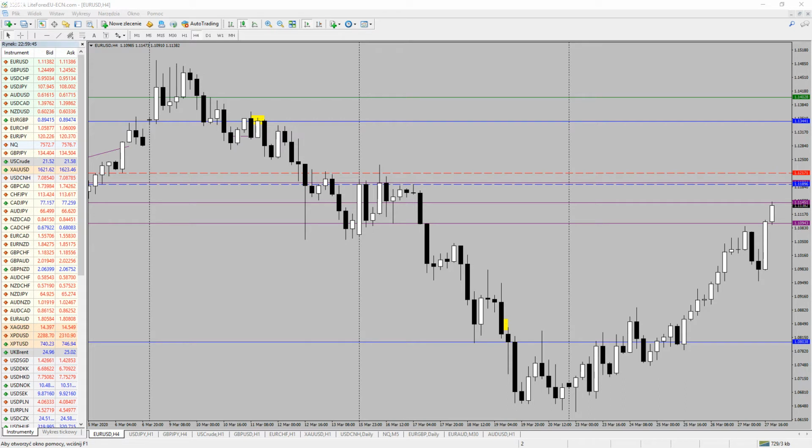The most beautiful thing when it comes to possible supply, possible demand, is that you can adopt this style to different market conditions and, for example, different views, right? So for example, I can be bullish, you can be bearish. The thing is that within the same chart we are going to trade opposite. If I'm bullish, I'm going to try to use demand zones. If you are bearish, you are going to use supply zones.